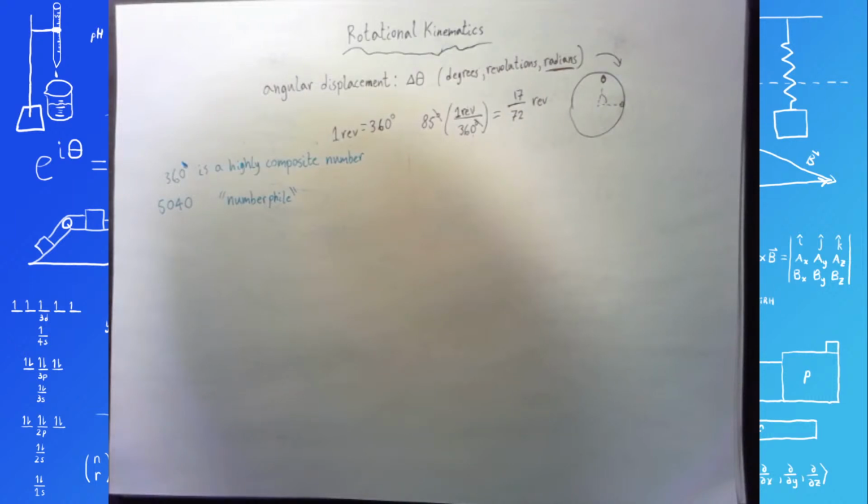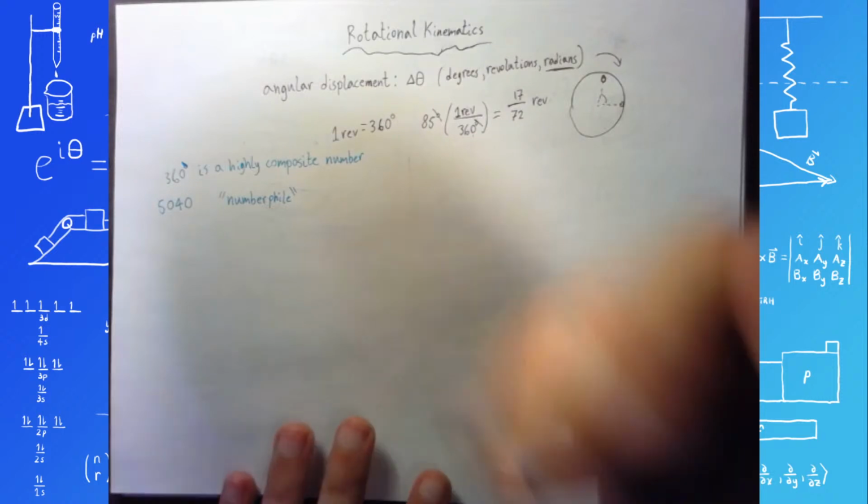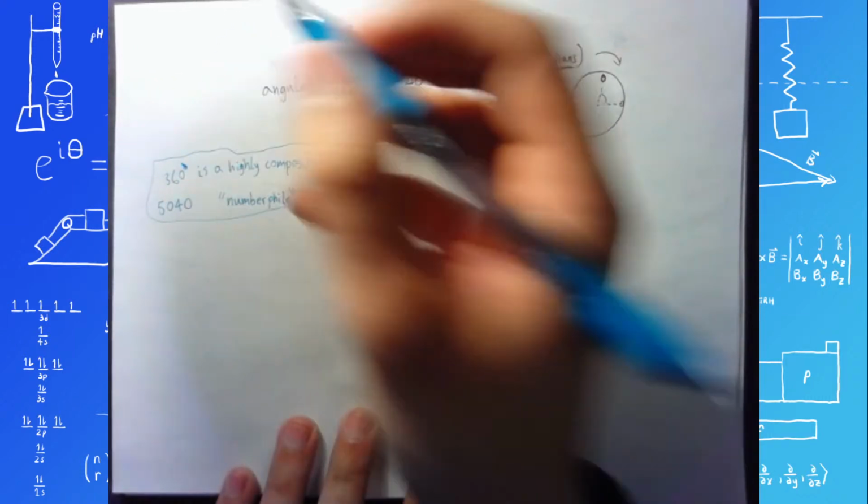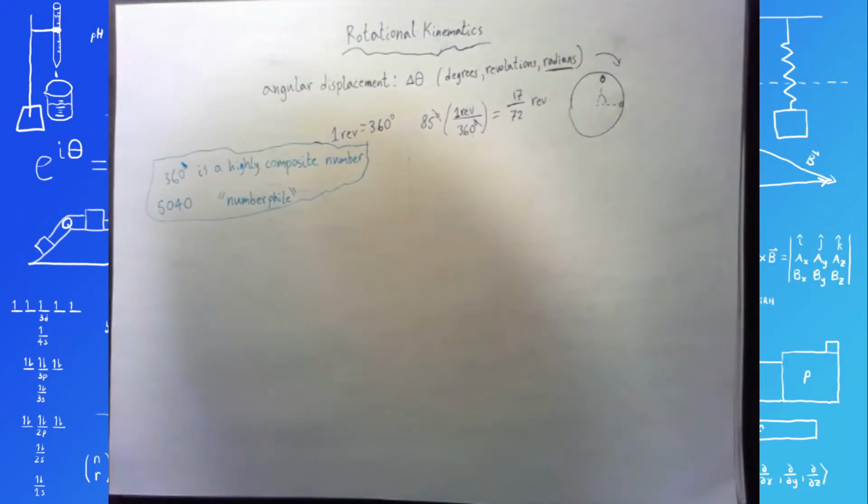I think that's actually in a separate video that they link to in the first one. But the bottom line is 360 is just a number that the Babylonians chose because that was the best number they knew at the time. There's nothing inherent about circles that suggests 360.